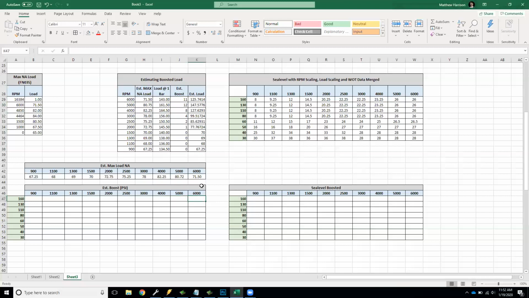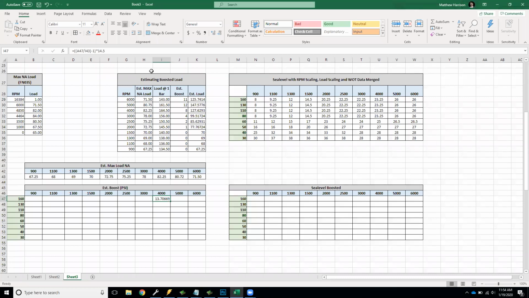At 6,000 RPMs, we think we're going to have 11 pounds of boost at 125. So that would be at approximately here. But again, we want to come up with a formula that allows us to do this. So I'm going to pause the video, think this through, write a formula, be right back.